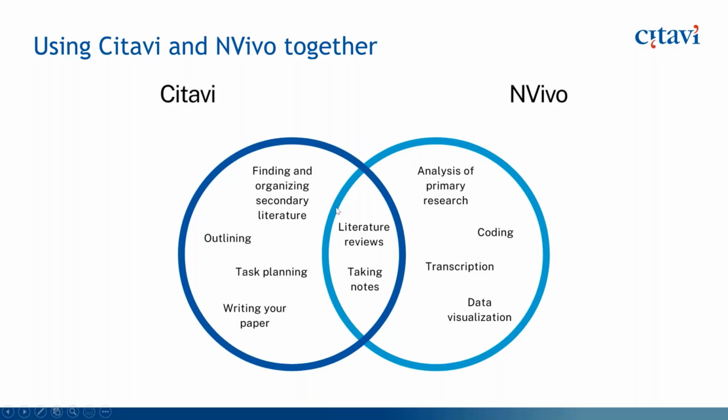So anything that you're using for your literature review, anything that's backing up some of your own findings or theories, and anytime you're referring to someone else's work in your own work. And so it helps with finding and organizing those sources. It helps you then when you're reading your sources to take notes and bring all that into an outline, helps with task planning to keep you on track. And then you can bring everything over to Word and stay very organized.